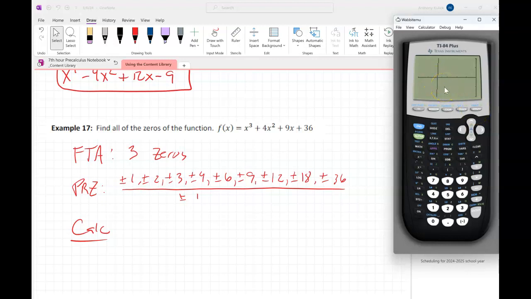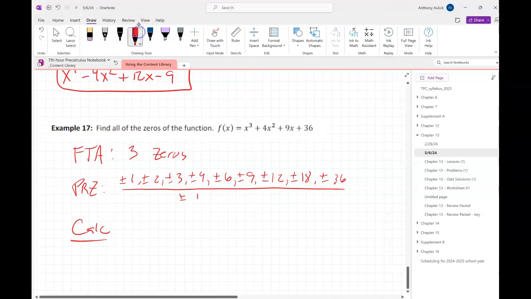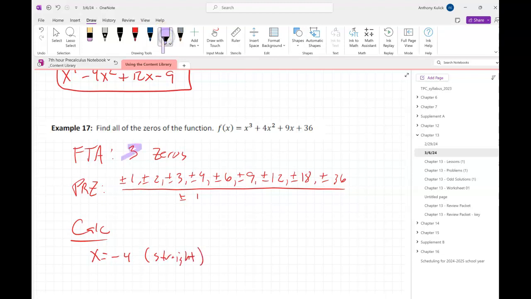And that's going straight through, right? So that's one solution there. Where are the other two, though? We're supposed to have 3 total. The other 2 must be imaginary, right?